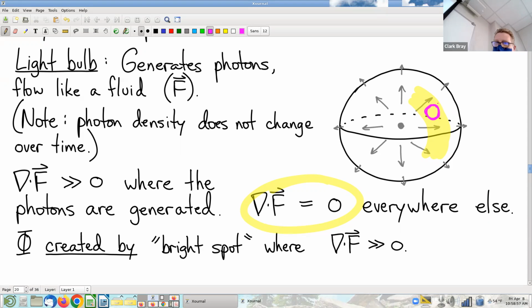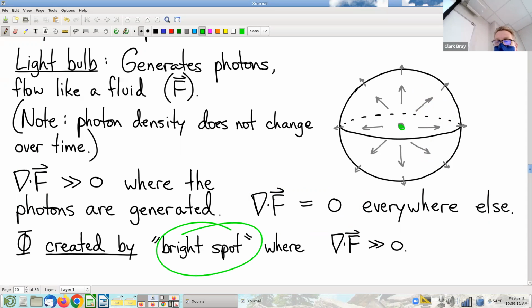Okay, so where is all this flux coming from? Where is the giveaway of where all this boundary flux that we're measuring on the boundary surface is coming from? Well, it's coming from the hot spot. It's coming from the bright spot in here. And so now I've drawn this as if it's kind of a point, and of course, physically it's not. Physically, a filament or an LED is small, but it's got some actual volume. It's a thing, however small, but it is a thing with some actual size.